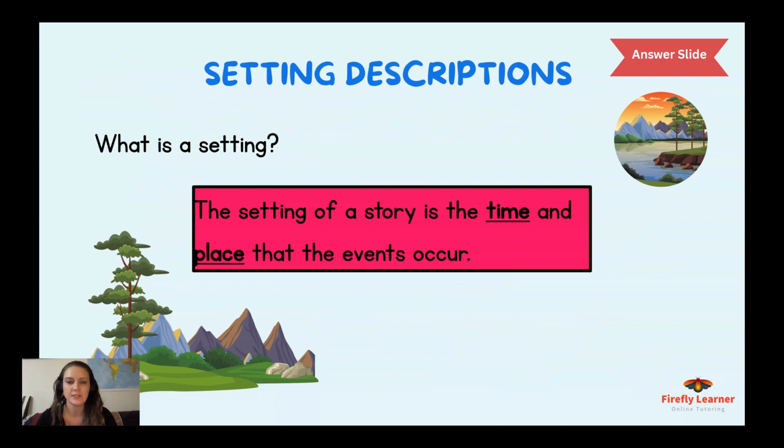So in our story, when you think of our story hill, the typical structure of a story, you have your opening, which is where you often have your character description and your setting description. So that's where we'd usually find our setting description, towards the beginning of the story. Then you've got your build-up, which is where a problem is introduced.